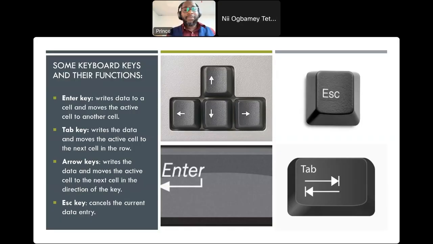What's the number of columns? 16,000 plus. I'll press the End key again, and I'll press the down arrow key, and it has taken me to the last row. And so this is the last cell in Excel.